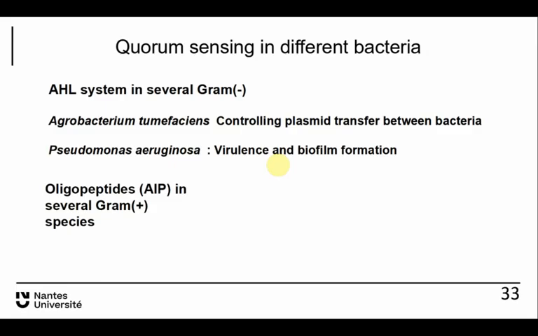This is a bit of a side question here, but Pseudomonas aeruginosa, does anybody know for what particular population this is a problem? People with cystic fibrosis, which in French is what? Mucoviscidose.